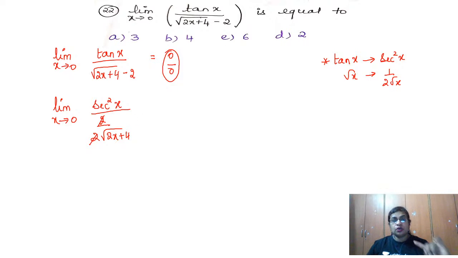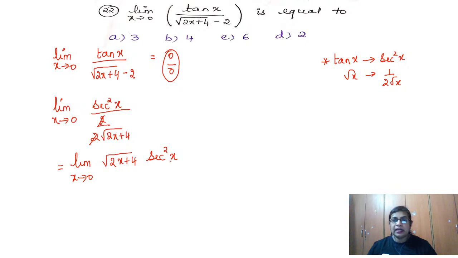Now this root will join the numerator because it is a reciprocal in the denominator. So this becomes limit x tends to 0 of root of 2x plus 4 into secant square x. Now apply the limit, let us see whether we are getting the answer.